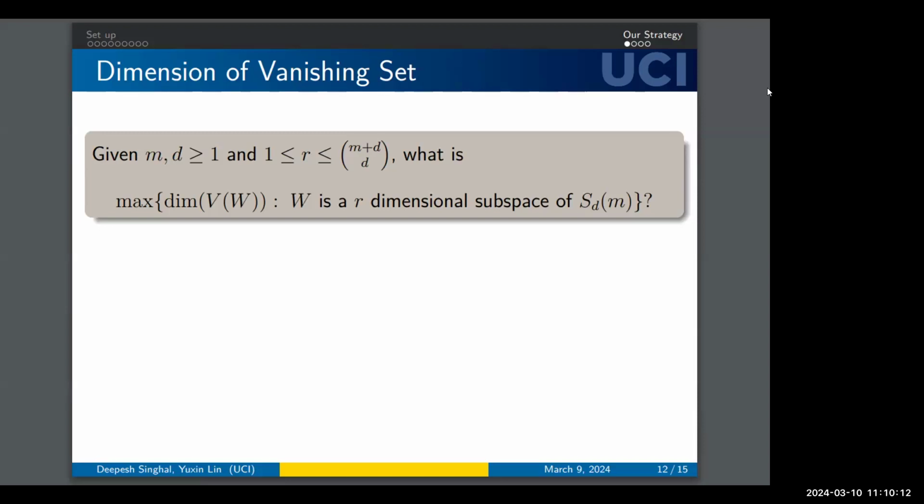You vary W through all R-dimensional subspaces, and we ask what is the largest that the dimension of the vanishing set could be.